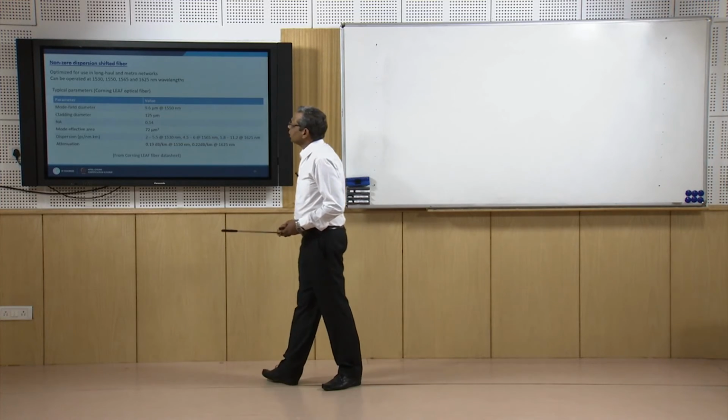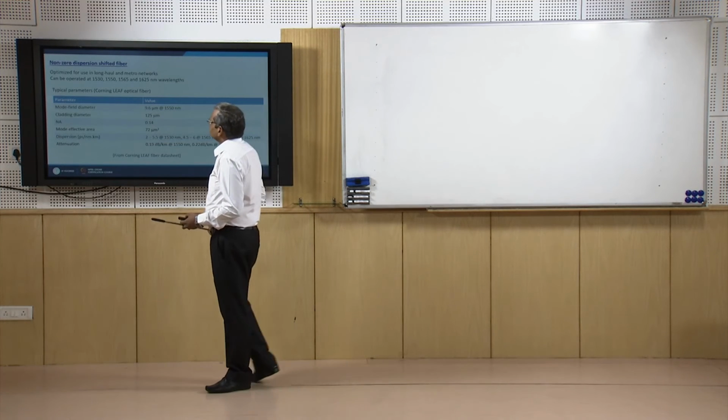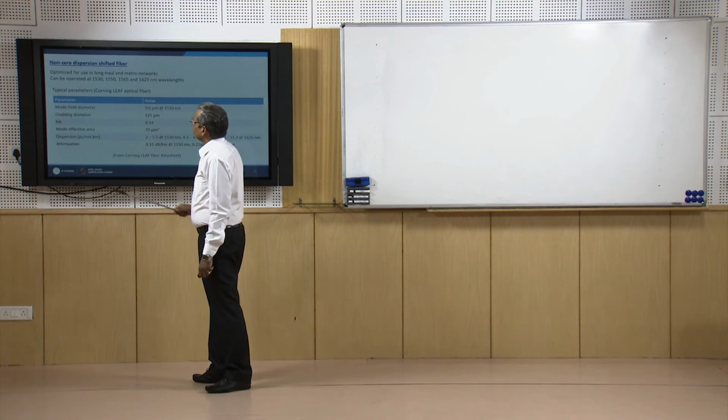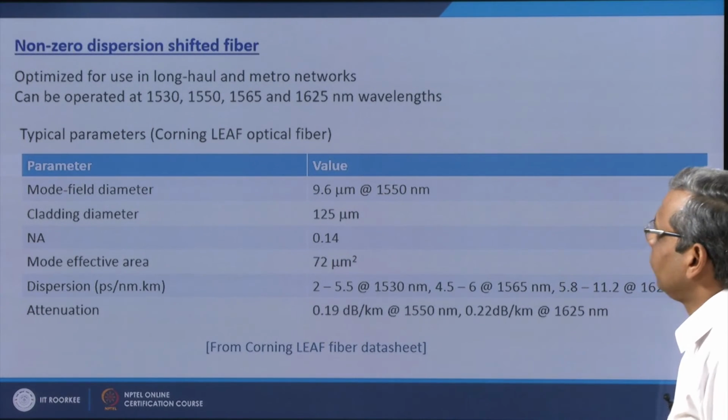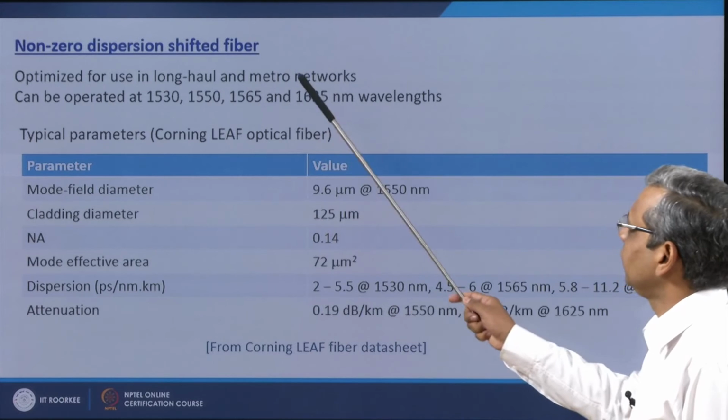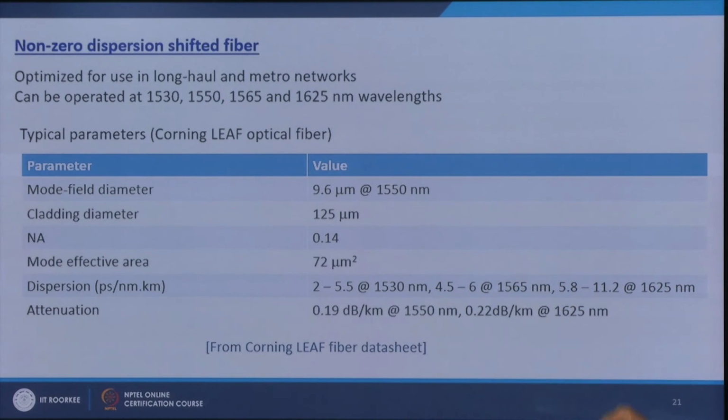So, this is a typical non-zero dispersion shifted fiber which is optimized for use in long haul and metro networks. It can be operated at 1530, 1550, 1565 and 1625 nanometer wavelengths.